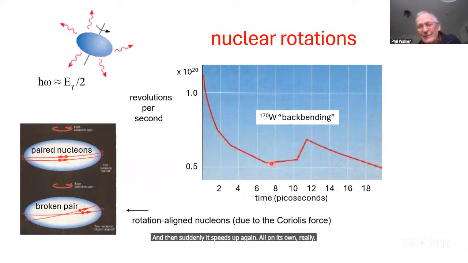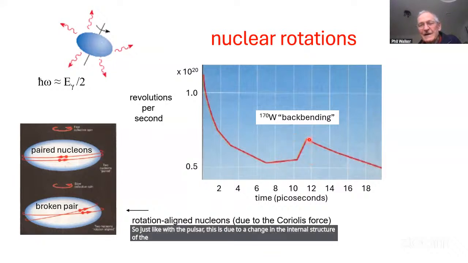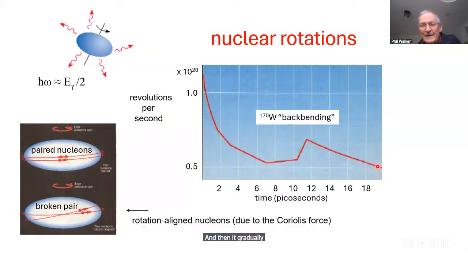So just like with the pulsar, this is due to a change in the internal structure of the nucleus as it slows down, and then it gradually slows back down again. And there's another parallel with pulsars: it's due to the superfluidity of the nucleus.